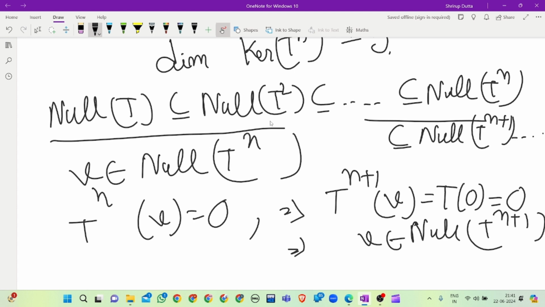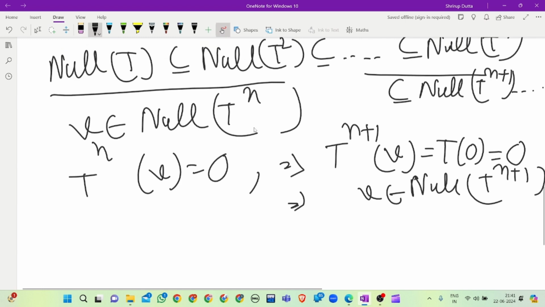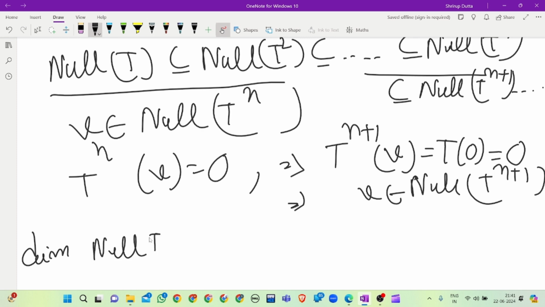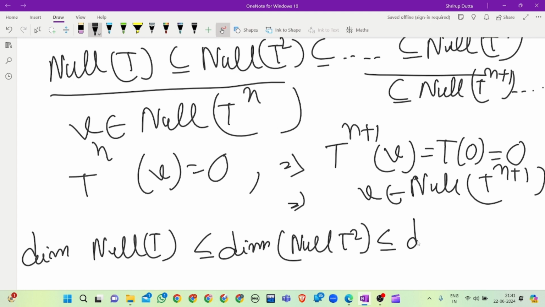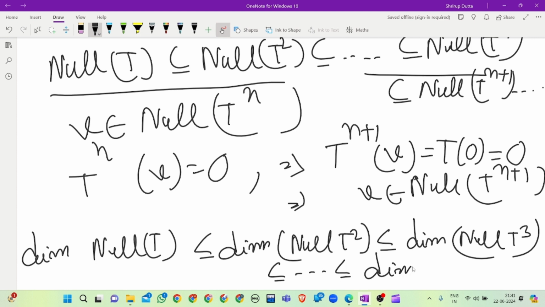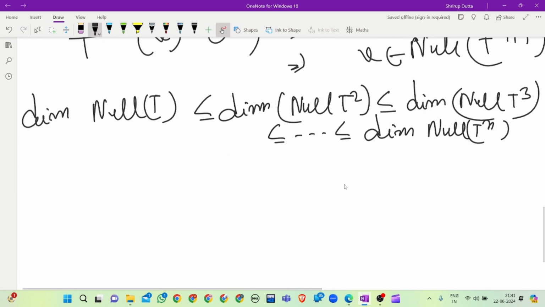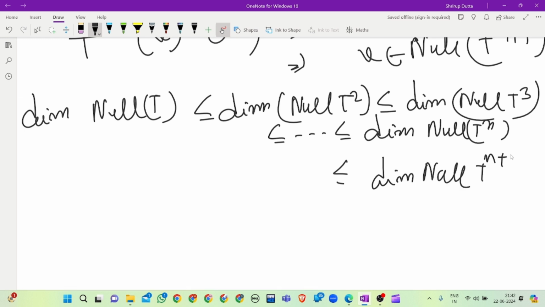Since this subspace inclusion will continue, the dimension of the null space of T is less than or equal to the dimension of the null space of T square, less than or equal to the dimension of the null space of T cube, and so on, up to the dimension of the null space of T to the power n, which is less than or equal to the dimension of the null space of T to the power n plus 1, and this inequality will continue.